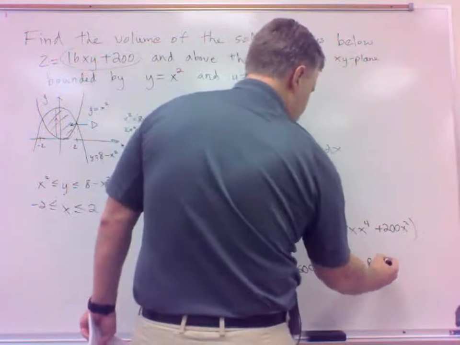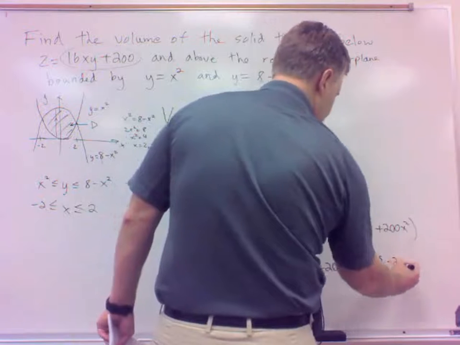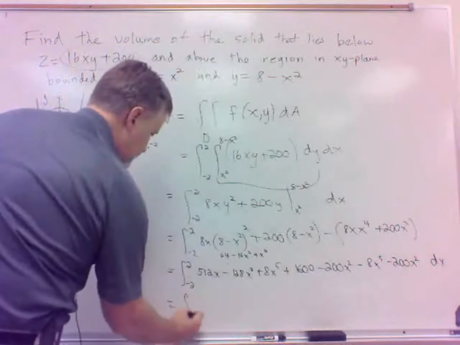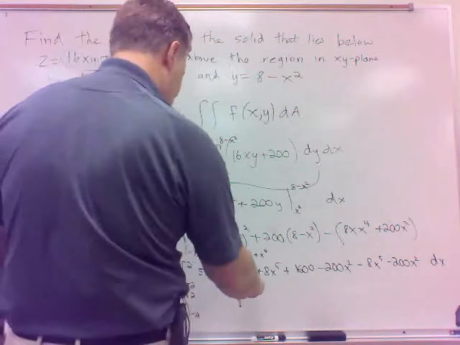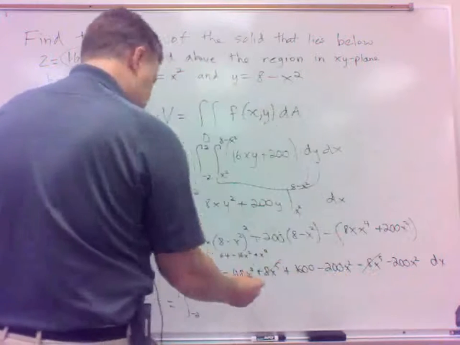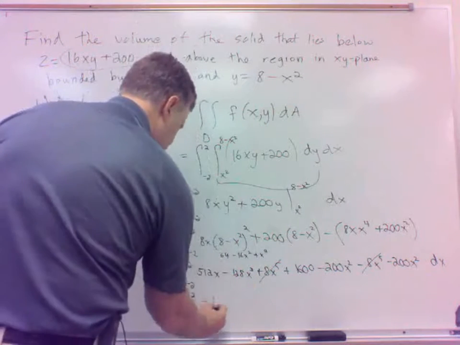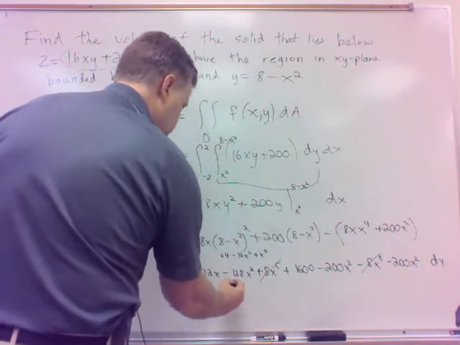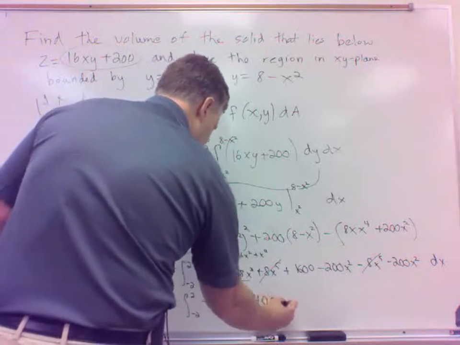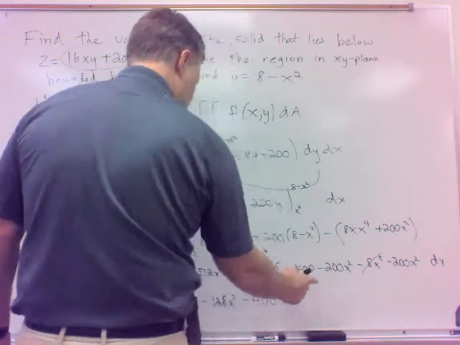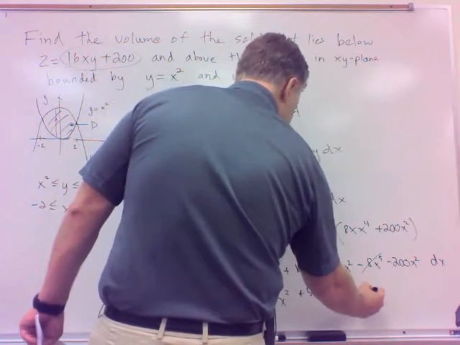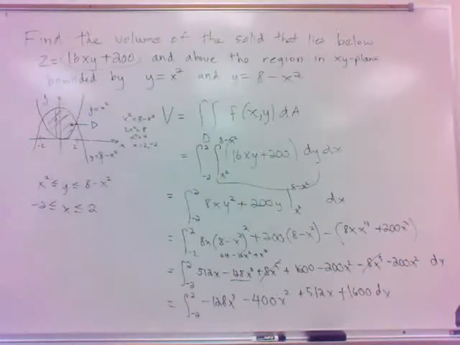And that would be minus 8x to the 5th and minus 200x squared, all told there. So I have negative 2 to 2 of my largest, the 8x to the 5th cancel. My x cubed is the next one, so it'll be negative 128x cubed. 200x squared, so I got minus 400x squared. And then 512x and 1600, I believe is what I've got there.